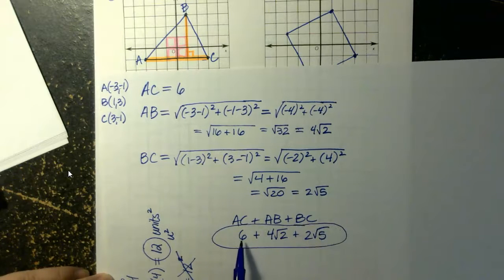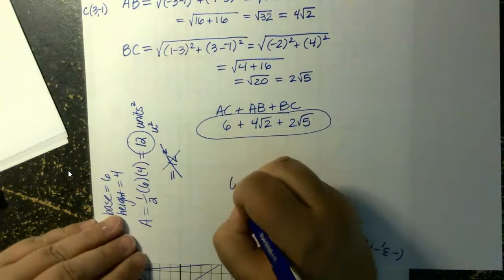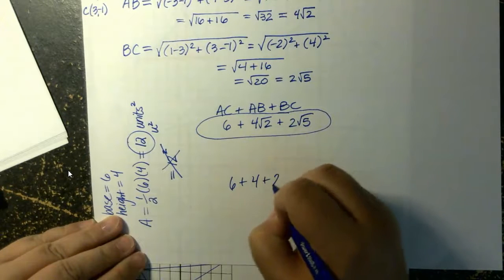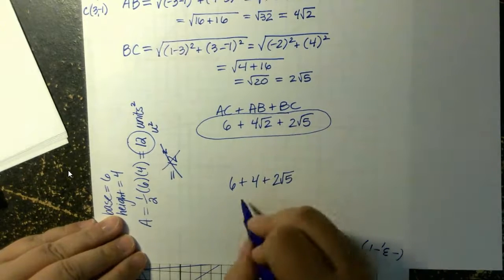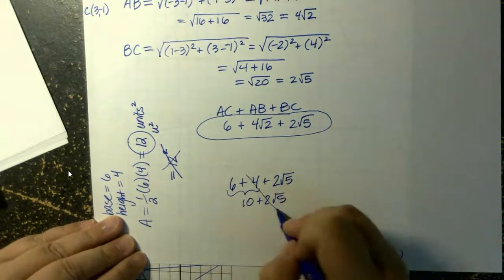You can't combine integers with radical expressions. Those are not like terms. Adding and subtracting is always about combining like terms. None of these are like terms. Okay? If I had had this, then sure, I'd have like terms and I could combine these and do at least partial combination. I don't have that.